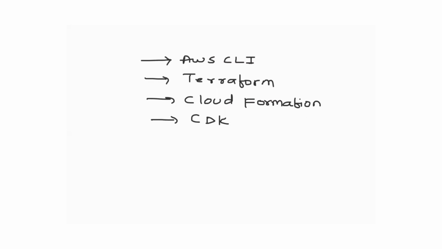So these are the popular ones. There might be other things, like you might have heard about Boto3 or multiple other things. Each programming language has a module, but in general these are the popular tools that are used to automate infrastructure on AWS.